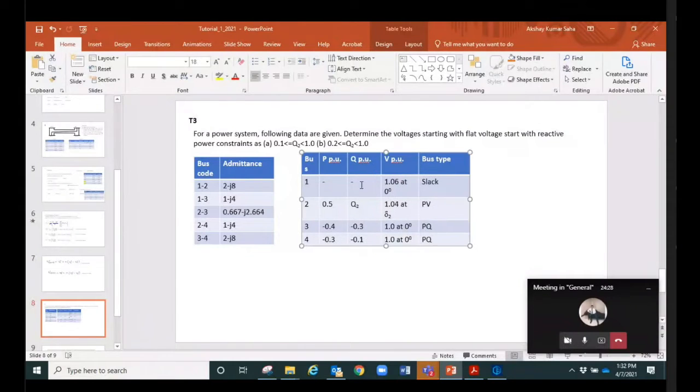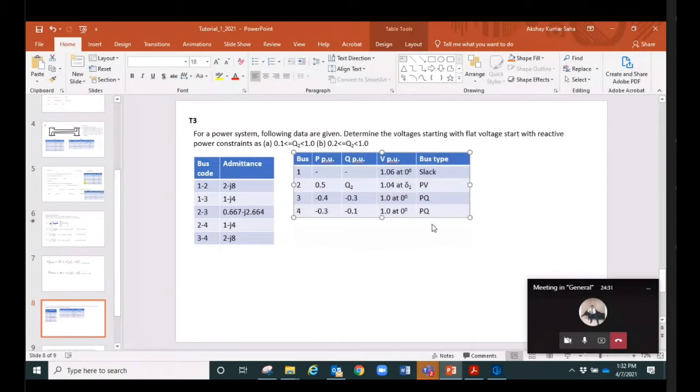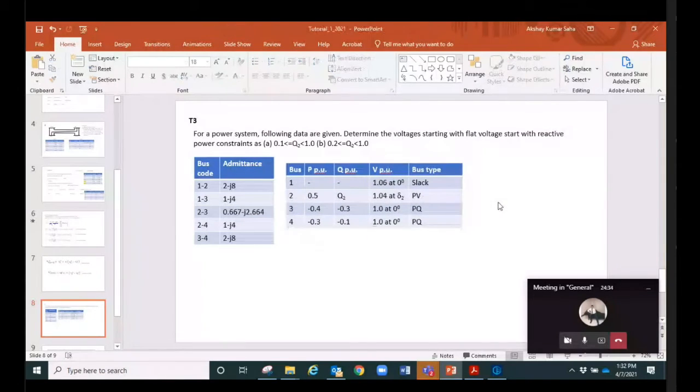And similarly the other values for the buses P, Q and the voltages are in this table. So bus 1, P and Q are not known because it's a slack bus and its voltage is 1.06 per unit at an angle 0 degree. Bus 2 is a PV bus, it has a generator, so Q is not known, Q2 has some constraint which is defined in this A and B. I'll come to that one.